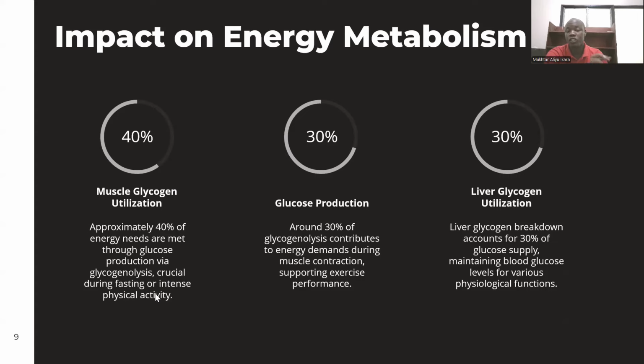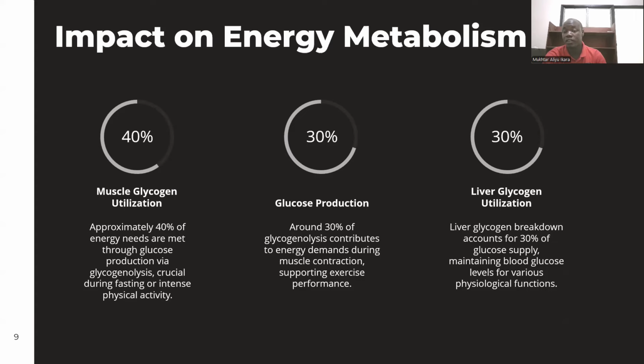So about 40% of the energy needs in the muscles depend on the glucose generated from glycogenolysis, which usually occurs during fasting or extensive physical exercise. And around 30% of glycogenolysis contributes to energy demand during muscle contraction, supporting exercise performance.